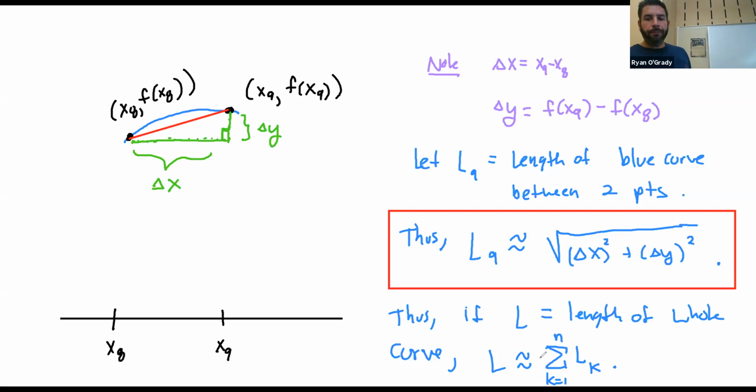So the way I should have written this is as follows. I sort of cheated. So let me fix this. I should not have written L sub K there. This should be this scary looking formula. That's what I should have written there. Sorry about that.